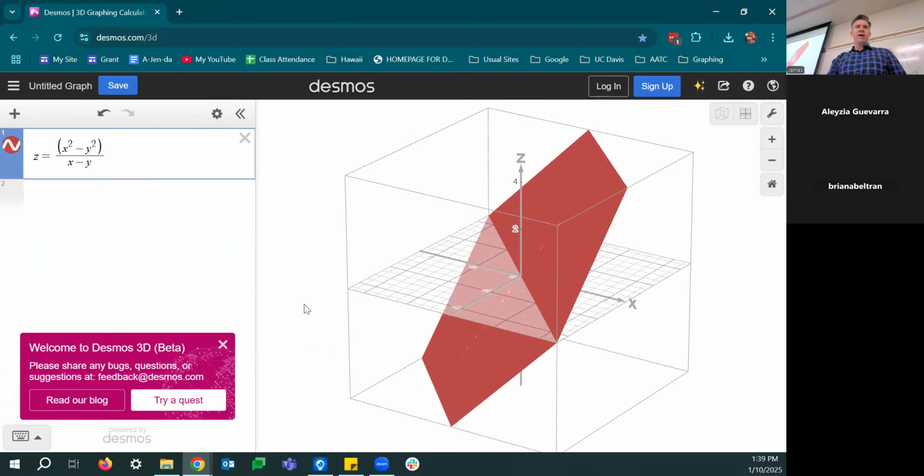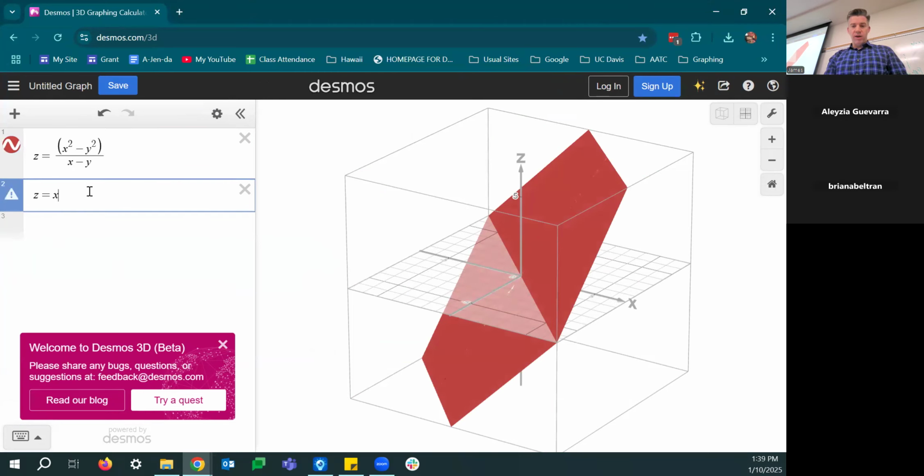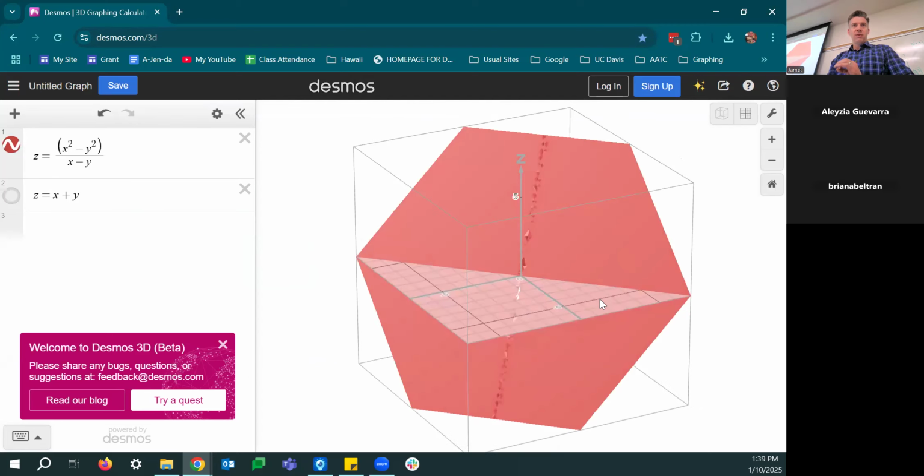Not surprisingly, it looks a lot like if you graphed z equal to x plus y. In fact, it's literally the same, except when x and y are equal to each other. If you look at the surface here, we're missing all those points on that line right there.